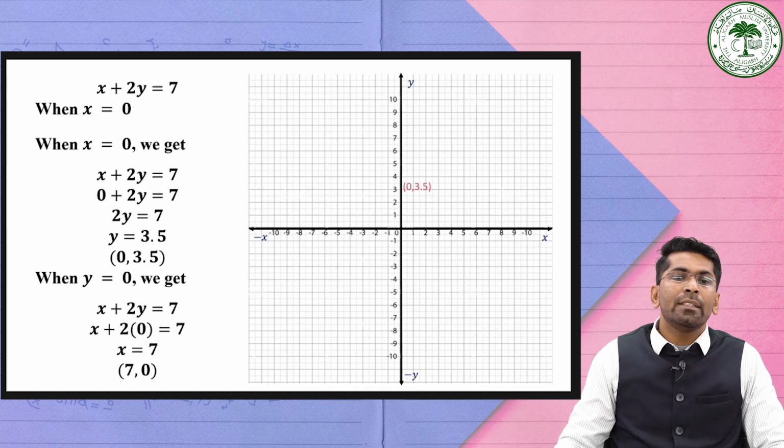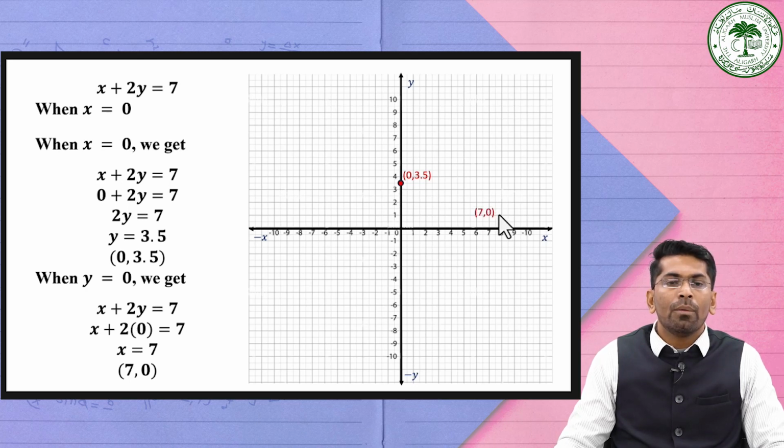We have a Cartesian system with an x and y axis. The first coordinate point which we calculated is when x is equal to 0, then y is 3.5. So this is the point here, 3.5. Then the second coordinate point, that is 7, 0, when y is equal to 0, then x is equal to 7.